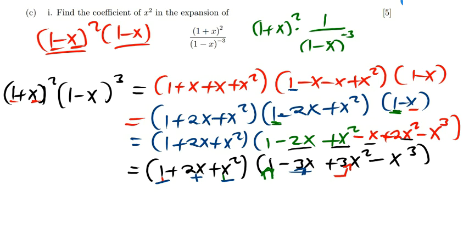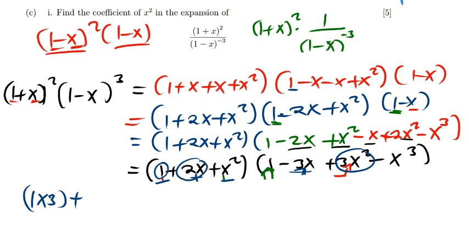But anyway, we don't have that time. But what you can do is, you know that this and this can give you x squared. Since we are interested in the coefficient, you just say 1 times 3, then plus. Now which else?